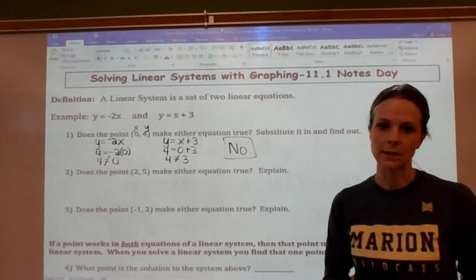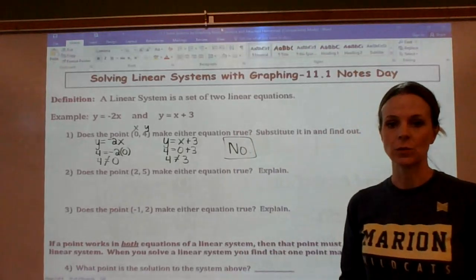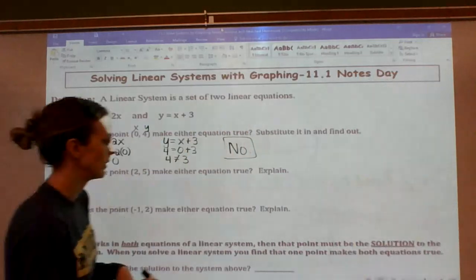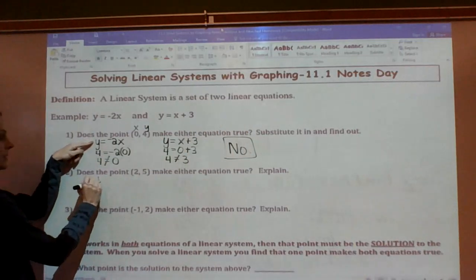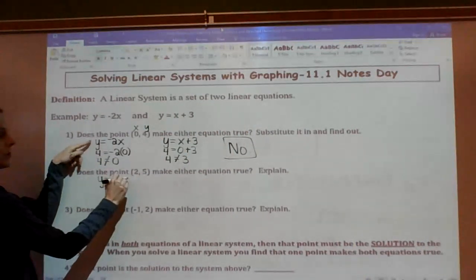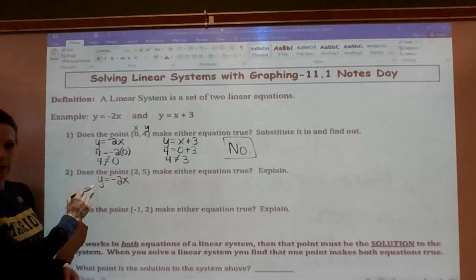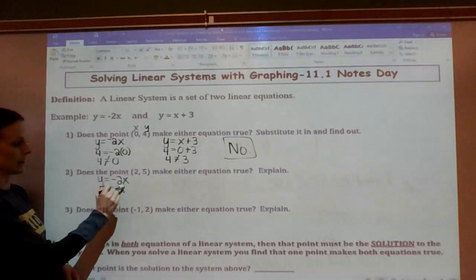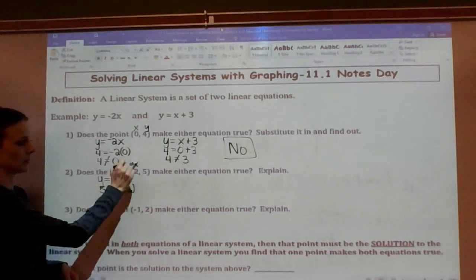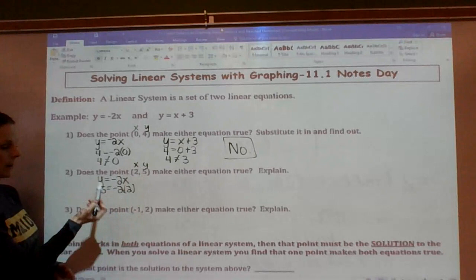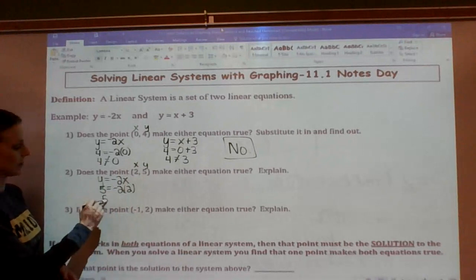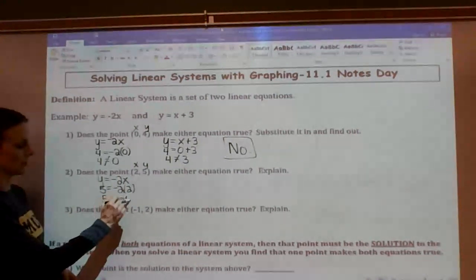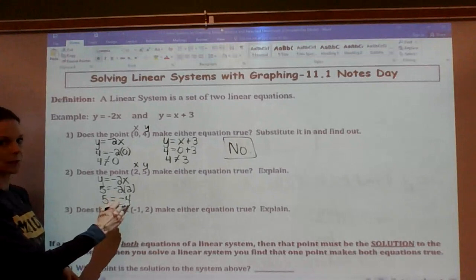Okay, let's look at the next example where you guys are going to plug in (2, 5) into both of the equations. So plugging it into y equals negative 2x, our y is 5, our x this time is 2. Okay, so remember x, y, and let's read our statement. This statement would read that 5 equals negative 4, which again is not true.